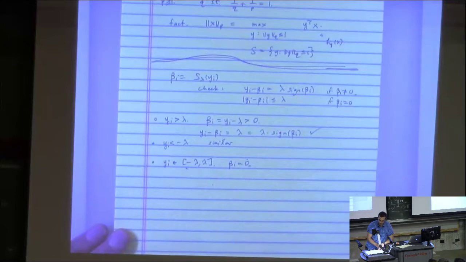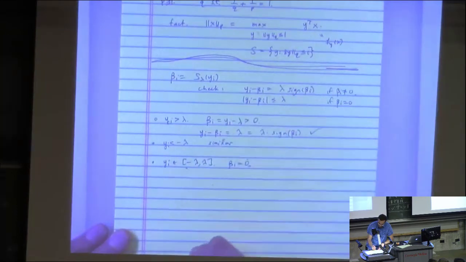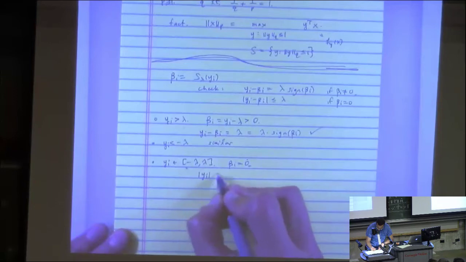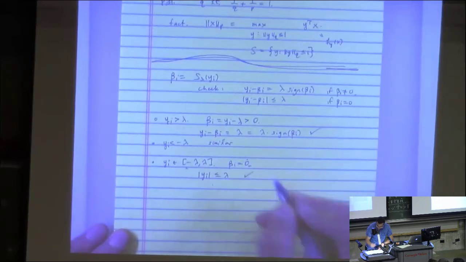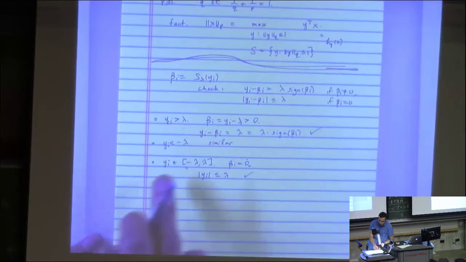Soft thresholding will set that equal to 0. So I should be trying to check the second condition here. But in this case, it reduces to just checking that y_i is less than or equal to lambda in absolute value, and that is immediately done for us via this condition.